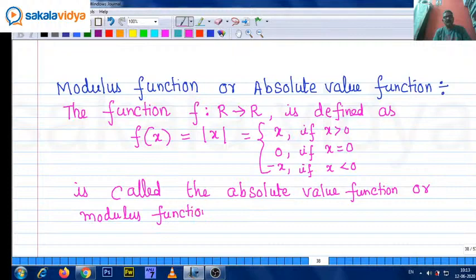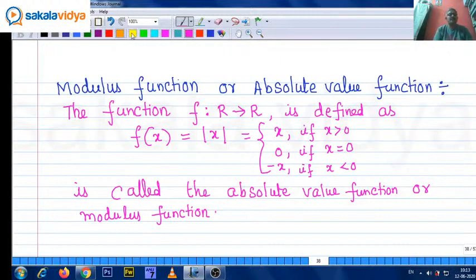So that means the modulus of a real number is always positive. The domain of the modulus function is the real number system, but it gives us only positive values, 0 and greater than 0 values only.